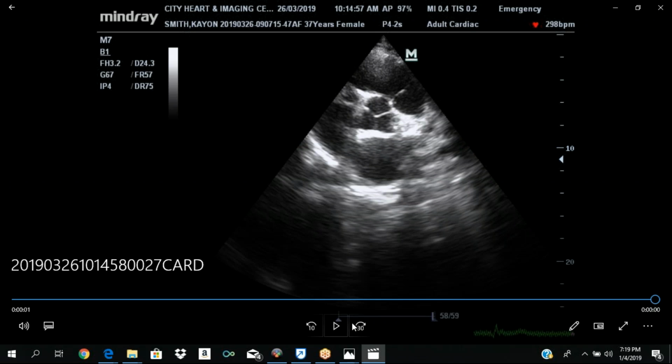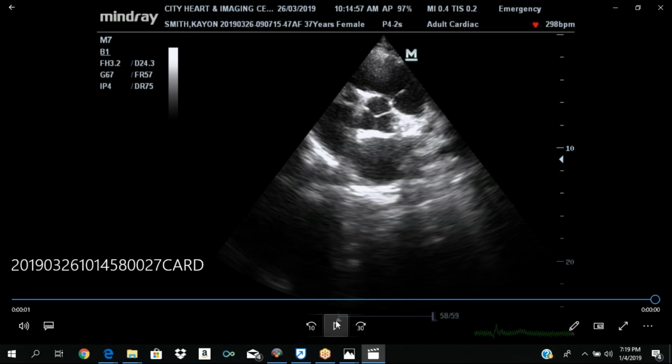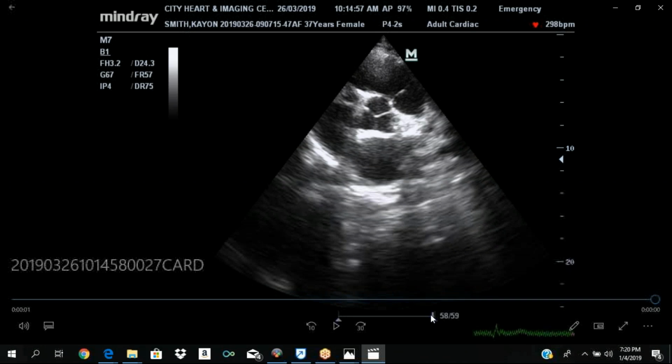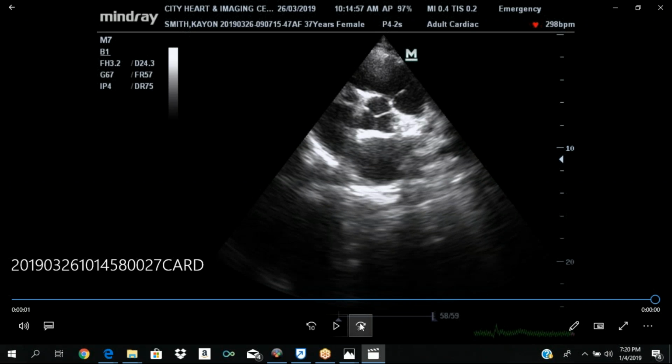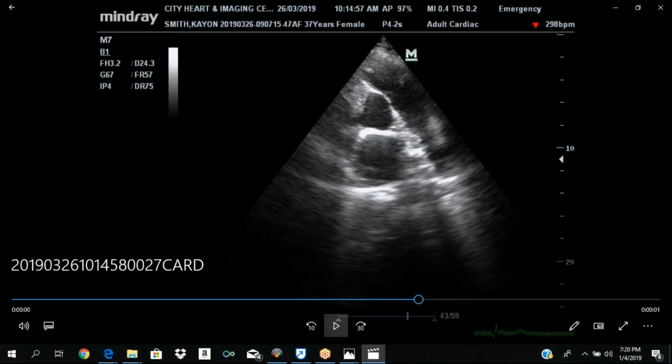Okay. So when you open the aortic valve, remember when the aortic valve opens, it opens in a triangular fashion. When it closes, however, let's pull it back a little.